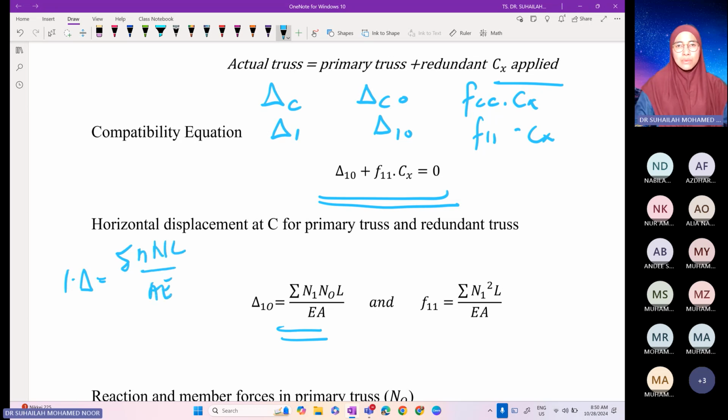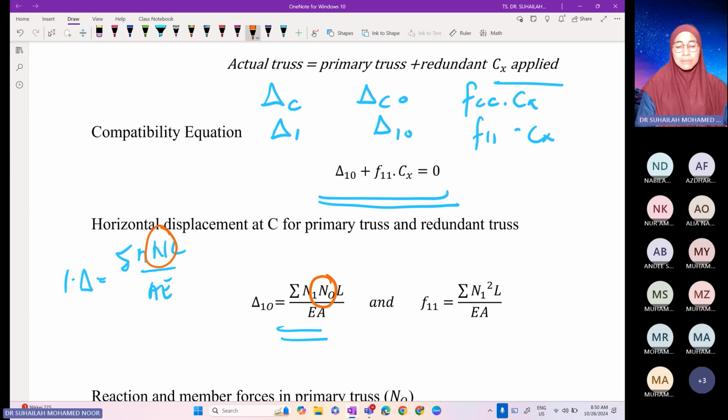Now we adapt this into frame and truss analysis using the flexibility method. So kalau tengok yang ni, macam hari tu juga dia punya comparison. Kalau real structure dulu simbol dia N besar kan. But for this, real sama dengan primary. Primary simbol dia N naught. Kat sini N naught tu.